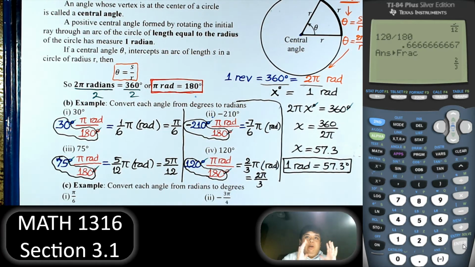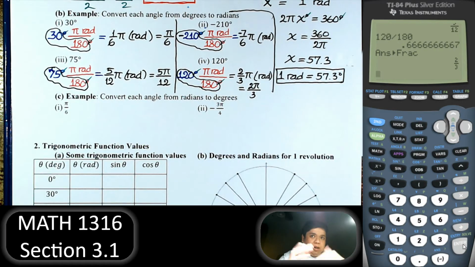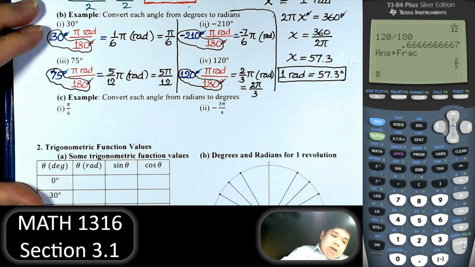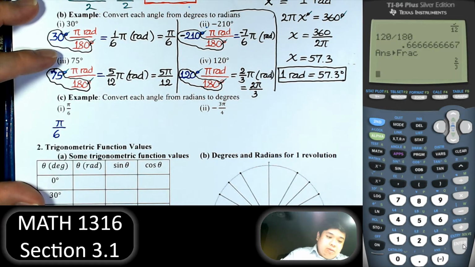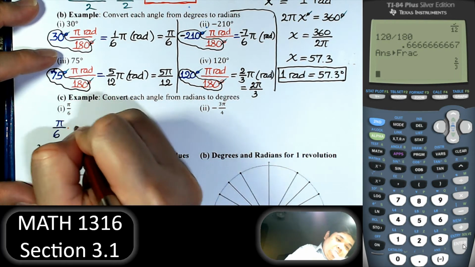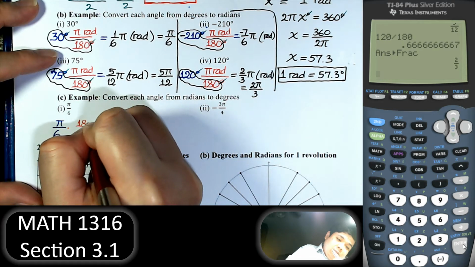So from degree to radian, since we want radian, put pi radian on the top and 180 at the bottom. And likewise, doing the opposite direction, if we want radian to degree, we start with the original problem. If we want degree, we put degree on top.